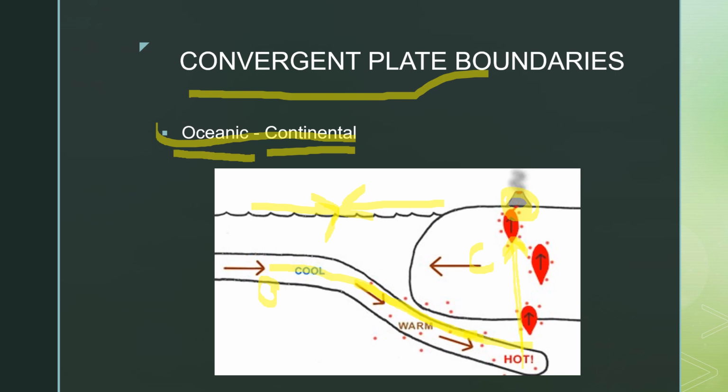This is how the oceanic continental convergence process occurs. Mainly, in the beginning, the plates start to collide. The one with higher density goes down, but due to the density difference between the crust minerals and the mantle minerals, it starts to rise above, and lava comes out.